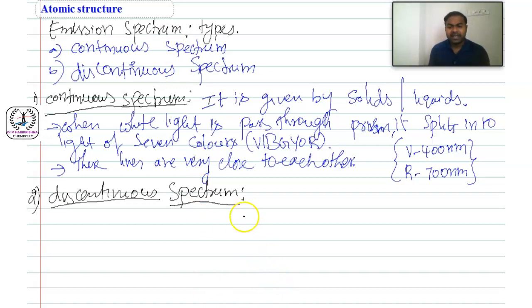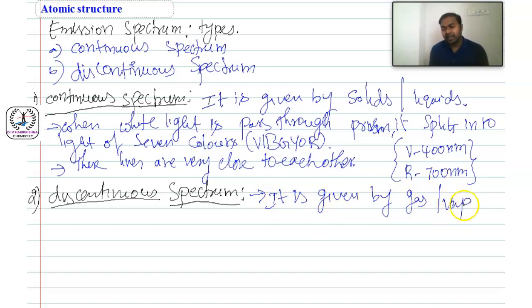Normally it is given by gas or vapors. Again it is two types: line spectrum, and second, band spectrum.